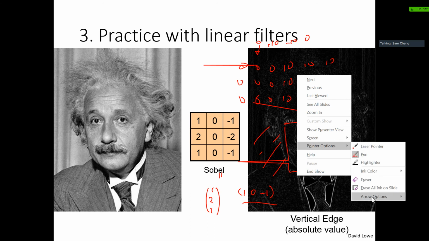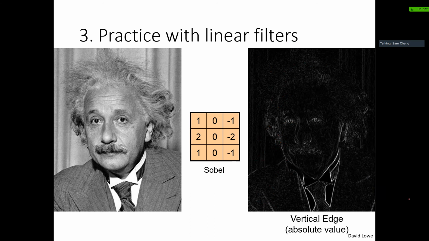As you can see, it's not very clear, because it basically just detects all the vertical edges. The high-pass filter along this horizontal direction will catch all the vertical edges, but it will omit all the horizontal edges.